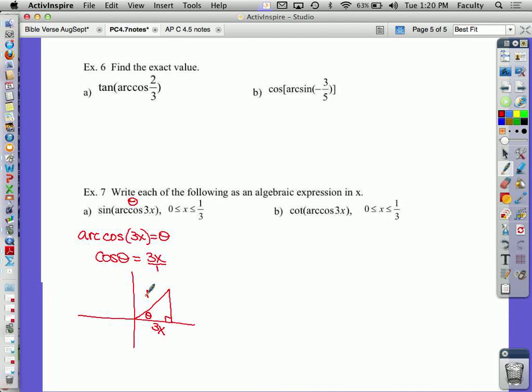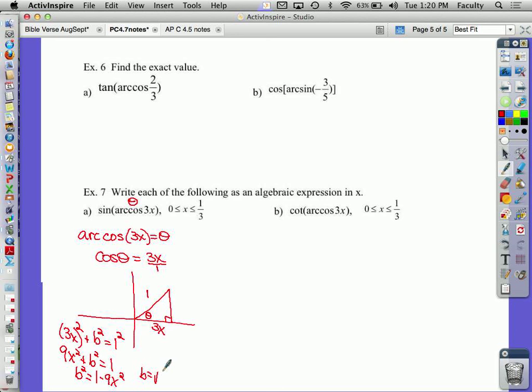Let's use the Pythagorean Theorem to figure out what the missing side is. I'm going to do 3x, the quantity squared. Let's call it b. We'll call it b squared equals 1 squared. 9x squared plus b squared equals 1. B squared is 1 minus 9x squared.